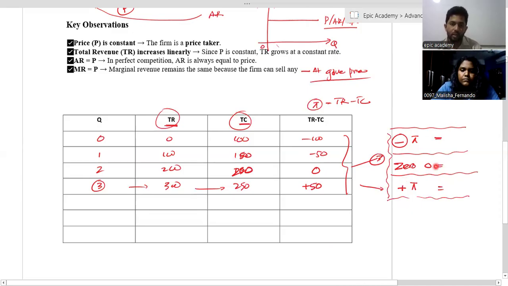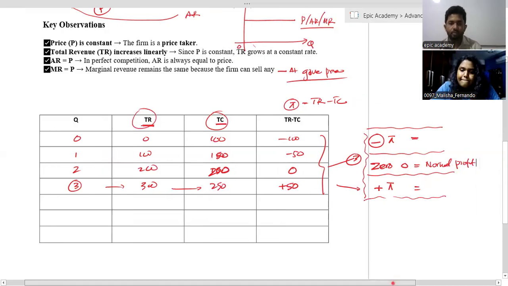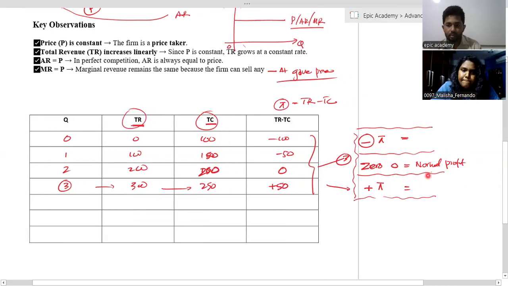When the total revenue is exactly equal to the total cost, profit becomes 0. At that point, we call it normal profit. Keep the name in your mind. If the total revenue takes a greater value than the total cost, it becomes positive profit.